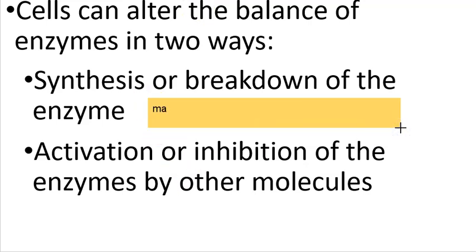We can either make it more often or break it down. Or if it is made, we can activate it or deactivate it. This is all about shape determines function.